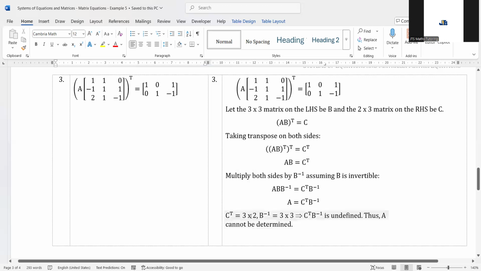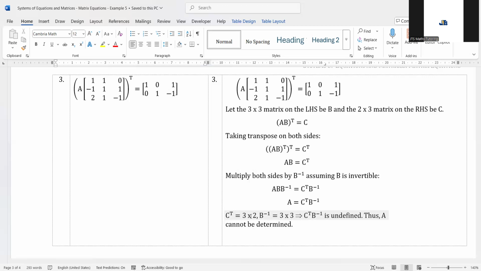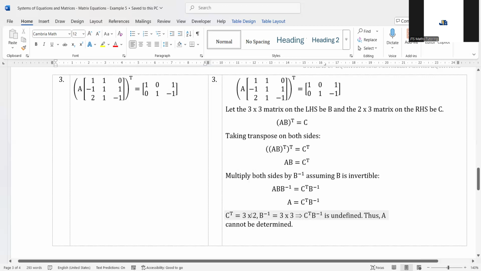Matrix multiplication is only defined when the number of columns in the first factor is equal to the number of rows in the second factor. Here we have 2 columns and 3 rows. This means that this is undefined. Thus, A cannot be determined. Beautiful. You move on.